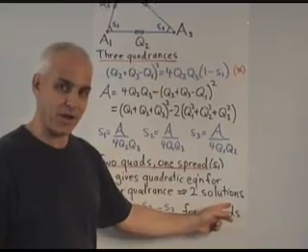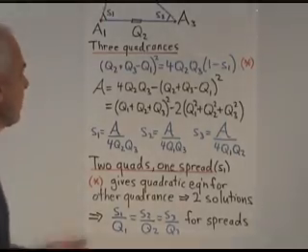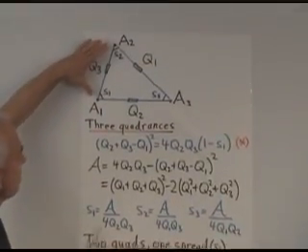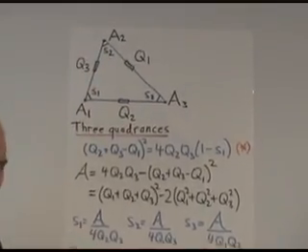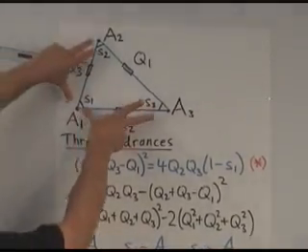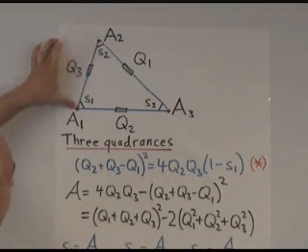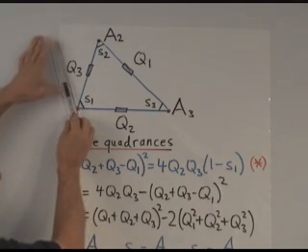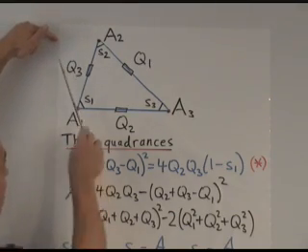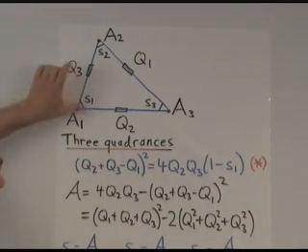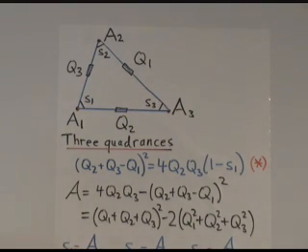That means that there are always 2 possibilities. Let me illustrate that by going back to this diagram. If, for example, we know S1, Q2, and Q3, then this is one such possible triangle, but the other possible triangle is when this side here is oriented in this direction, still making a spread of S1 with the base. Still the same quadrances here. So that would be a new triangle which has the same spread and the same 2 quadrances. That's what this does, it allows for those 2 possibilities.